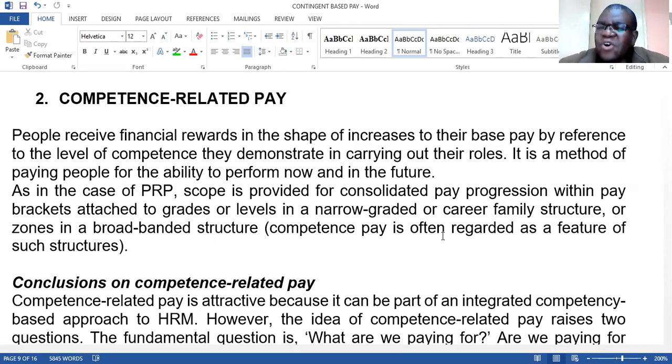You look at the competence levels that the individual has. Then you are rewarding them for these competences they possess, because you recognize that you will need these competences at some point in the future.